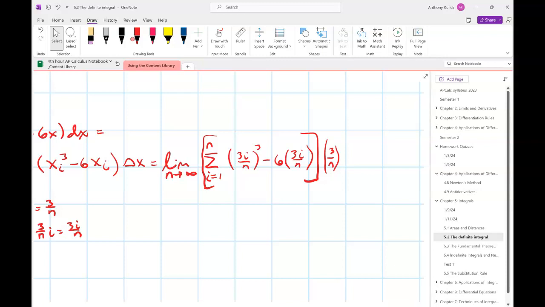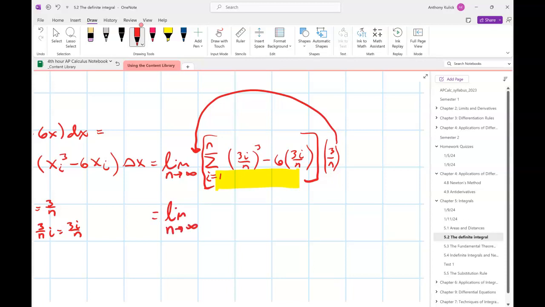So now I'm going to simplify here, and I'm going to pull this out in front of my sum. Actually, we're going to write it this way. So 3i over n cubed is 27i cubed over n cubed.